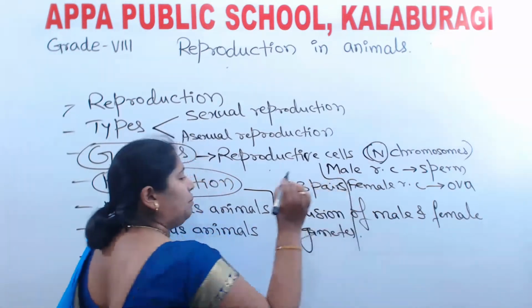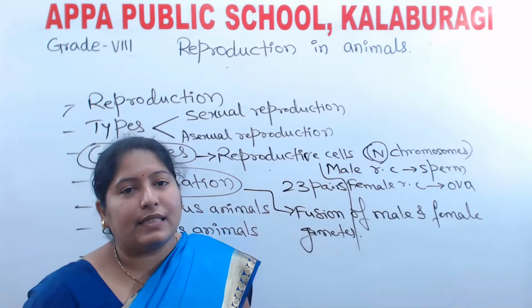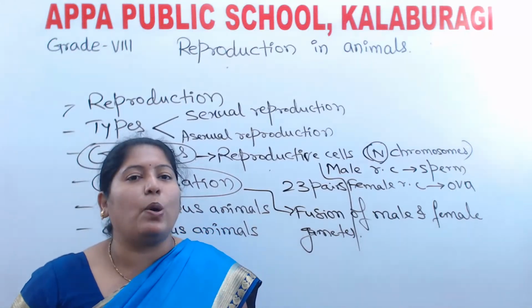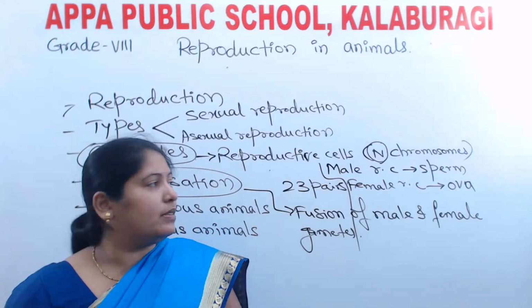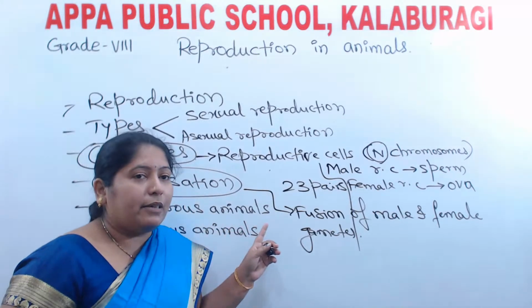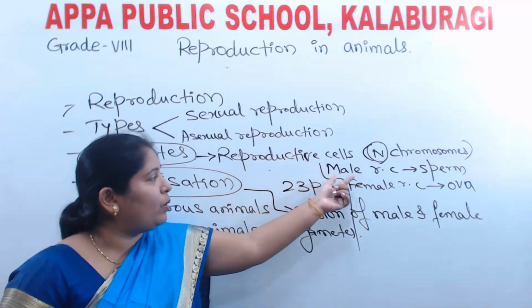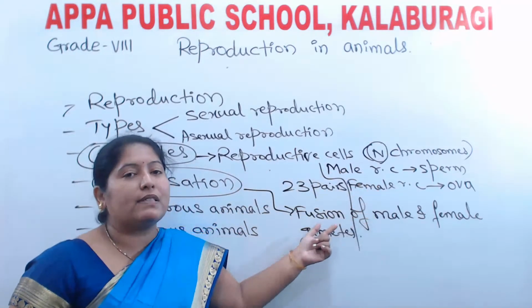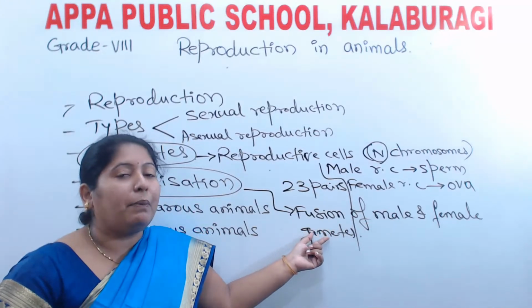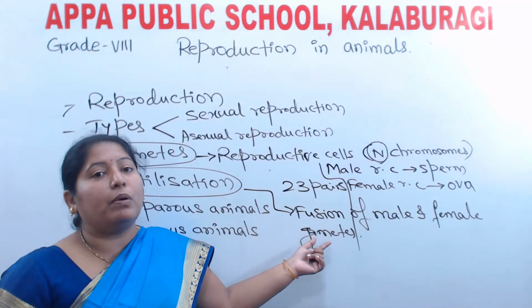The male and female gametes fuse together to form a fertilized egg. Now, in all living organisms, does reproduction take place only in this way, by fusion of the reproductive cells and development of the fertilized egg into a young one inside the womb of the mother?